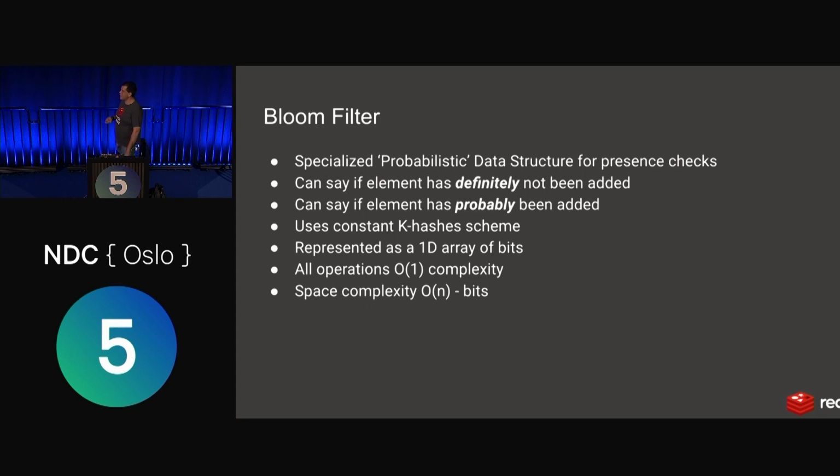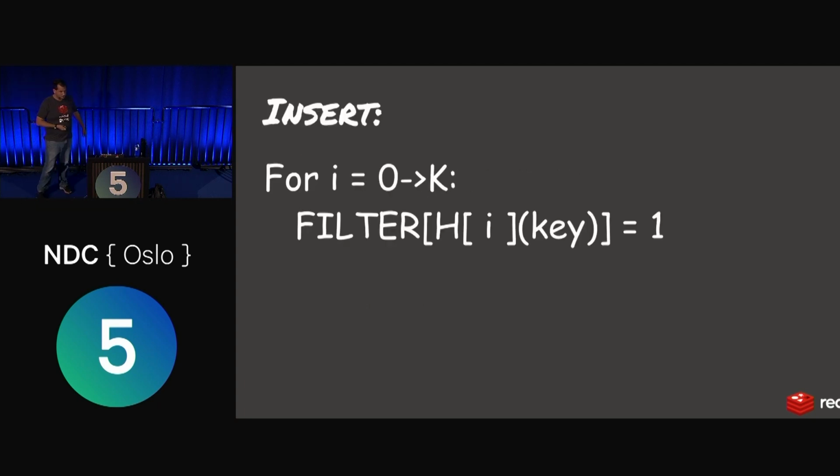And the space is actually still order n, but instead of being order n in the size of whatever all the data that you're inserting into it is, it's only order n in bits. And usually you estimate the expected cardinality or size of your set, and you use between 7 and 12 bits per item that you think is going to be inserted into it.